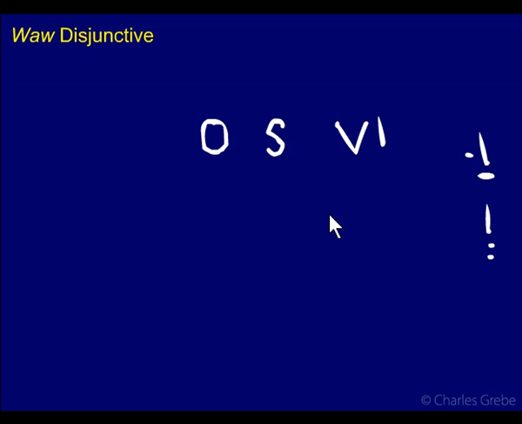Now, a sequence is broken when we have the Waw, and then we have something other than the verb that we would expect before we have the verb. So something comes in between here, and it breaks the sequence.